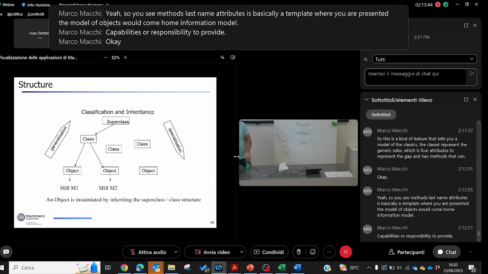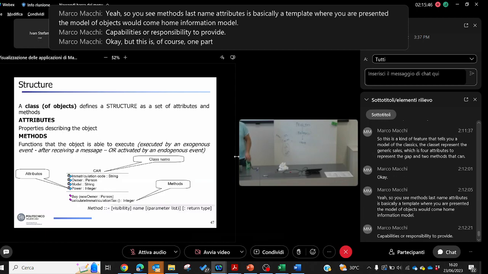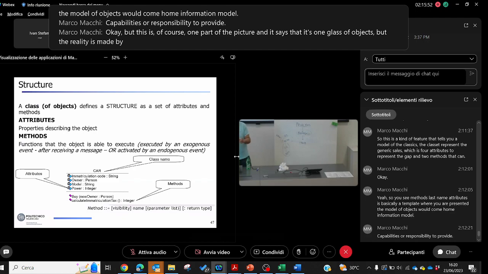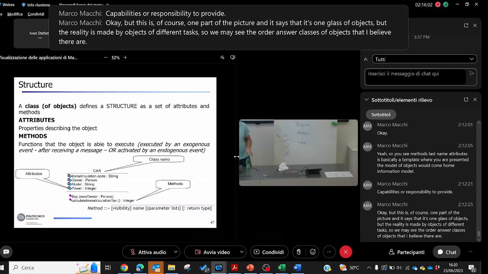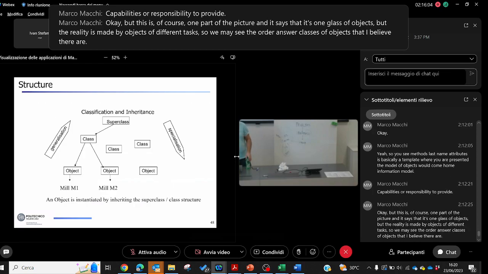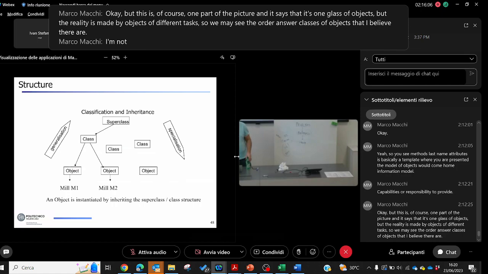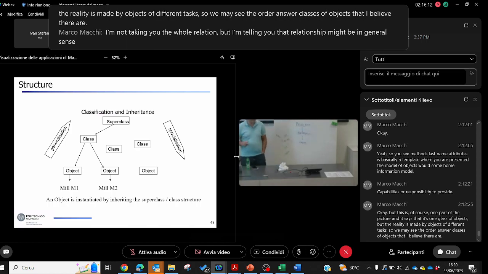But this is, of course, one part of the overall picture, in the sense that it's one class of objects, but reality is made of objects of different classes. So we may see the world as classes of objects that are related. There are different kinds of relationships. I'm not telling you the whole set, but just to give you a link.